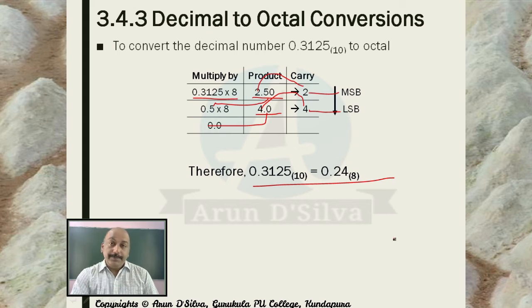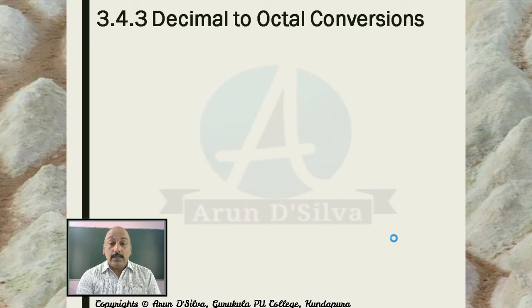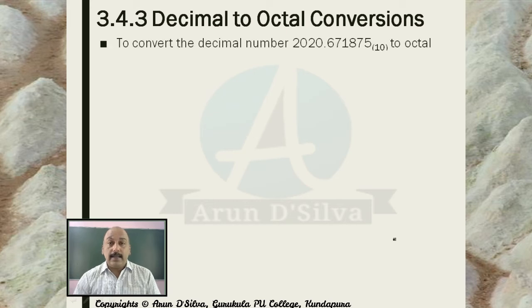Got it, right? This is exactly how binary is done, the same way. The only thing is we have to be smart, making use of the base of that number system. Let me keep one more example in front of you, which has both the integer and fractional parts together, converted to octal.